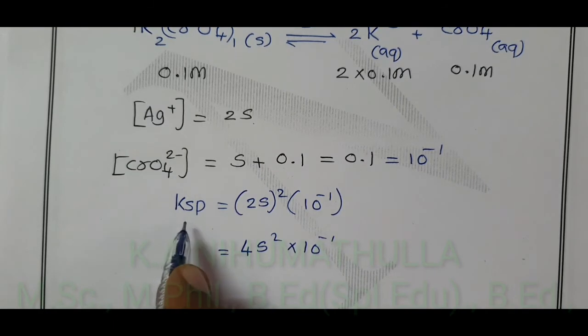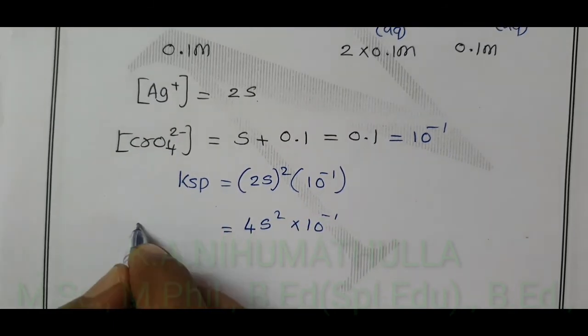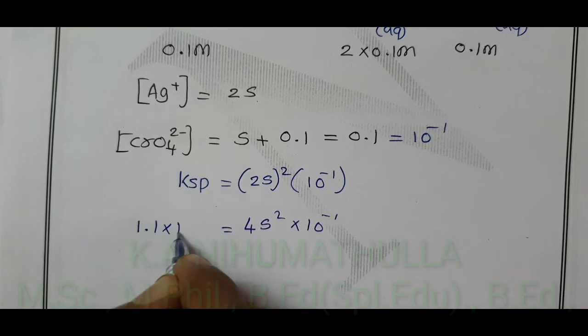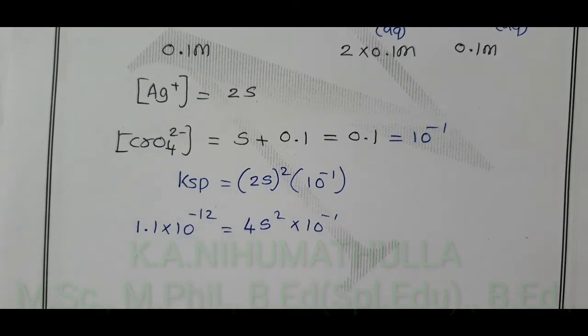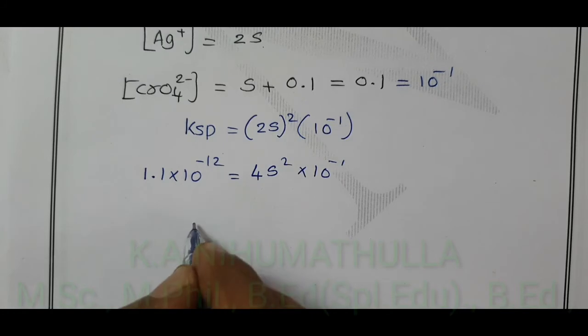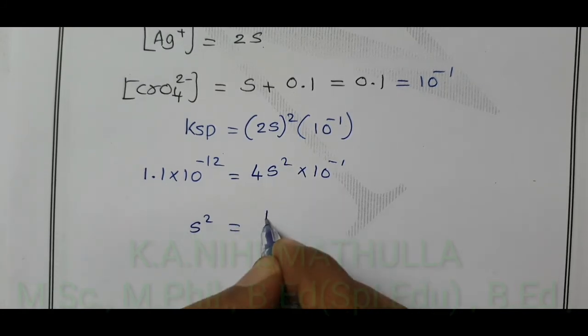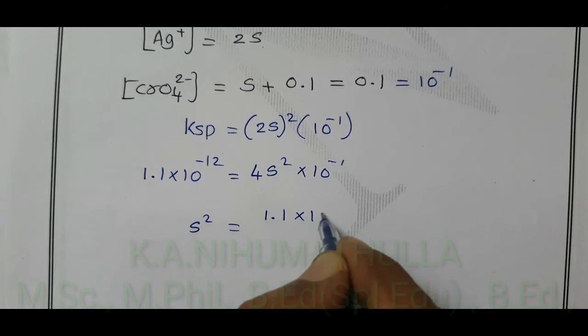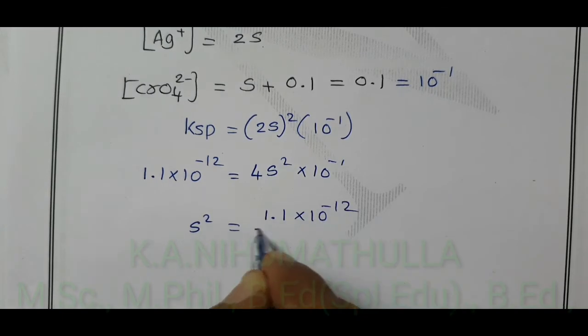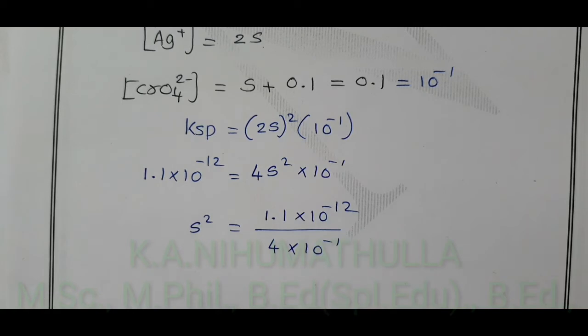Ksp of silver chromate is given in our problem, that is 1.1 into 10 power minus 12. We are going to calculate the S value. So S squared equals, bring all other quantity to the left hand side, 1.1 into 10 power minus 12 divided by 4 into 10 power minus 1.